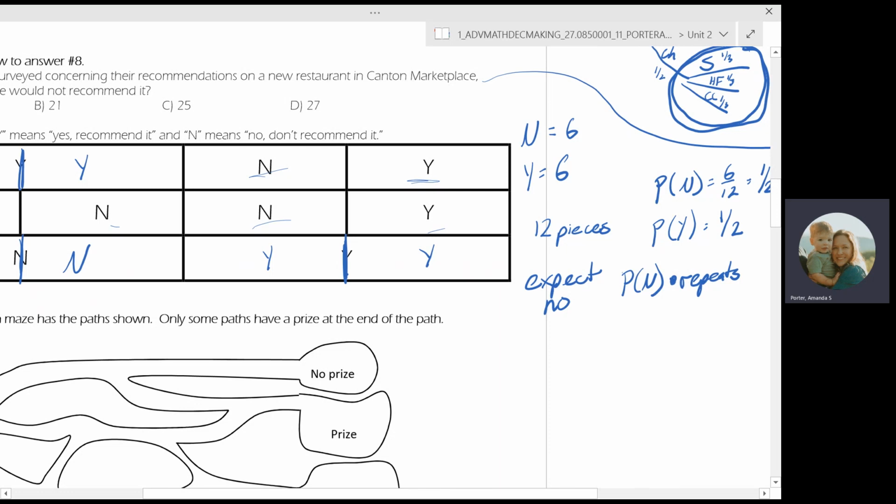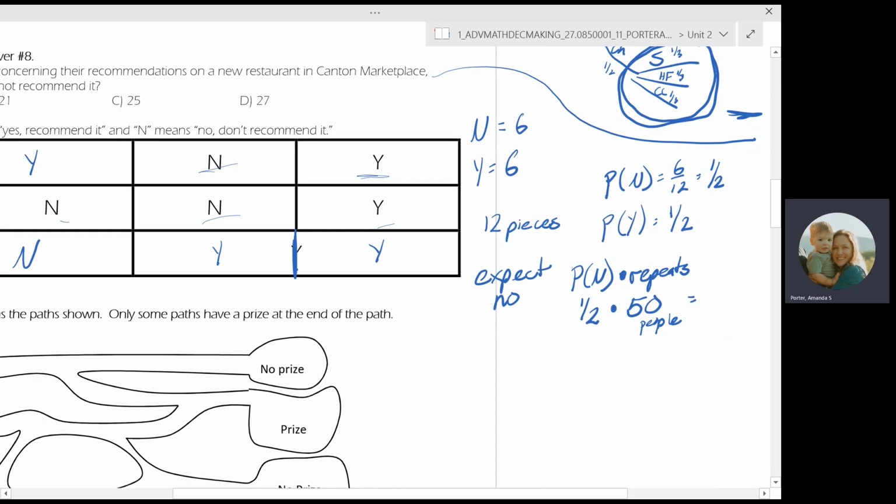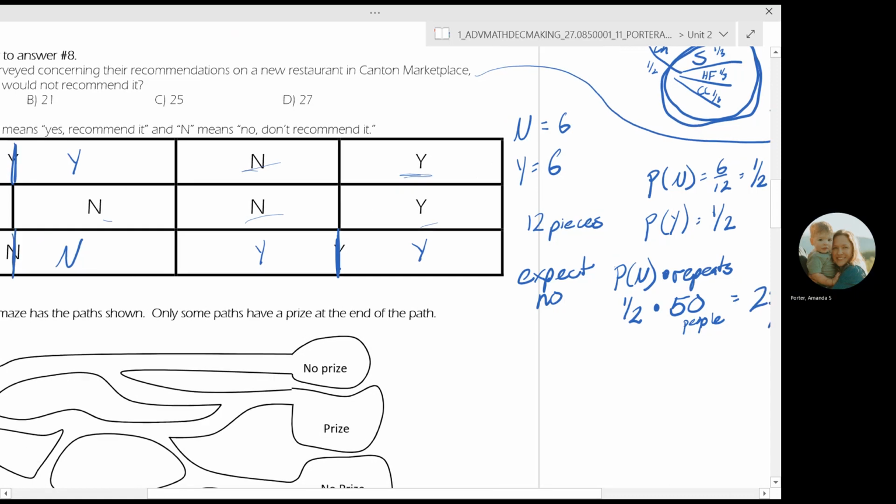So what that means is probability of no is 1/2 times I've asked 50 people. 1/2 times 50 people is I am expecting 25 no's. So I would say the answer to this is C.